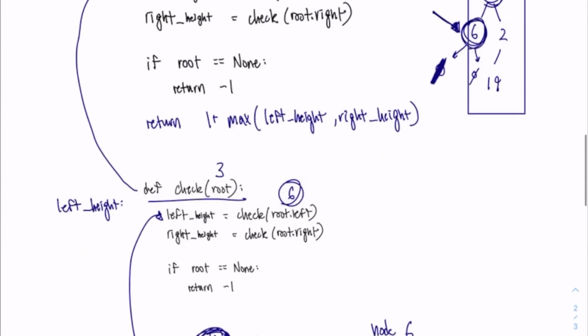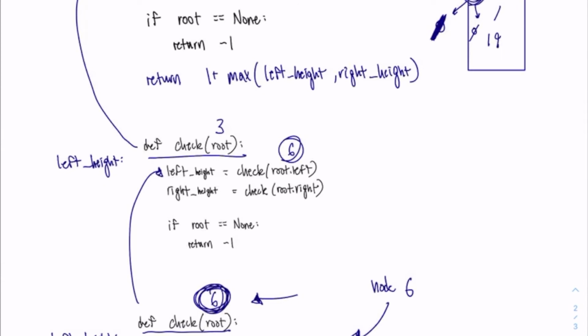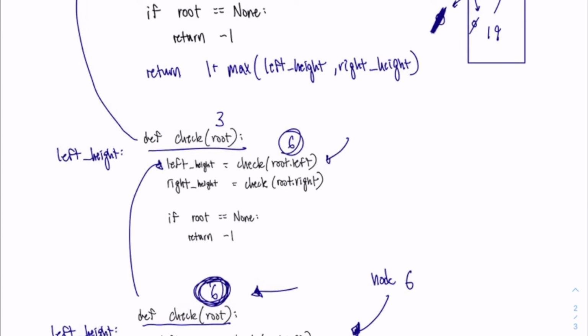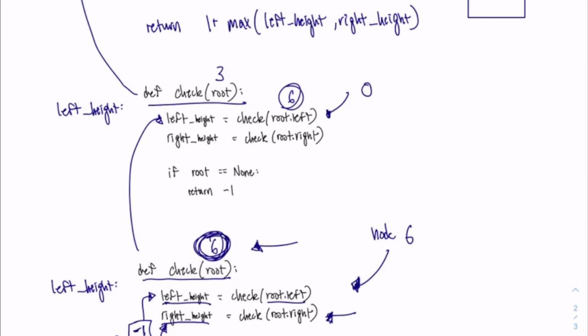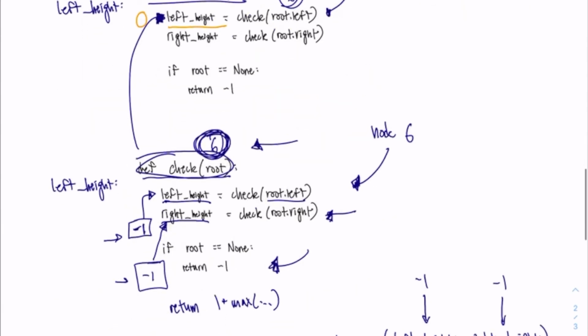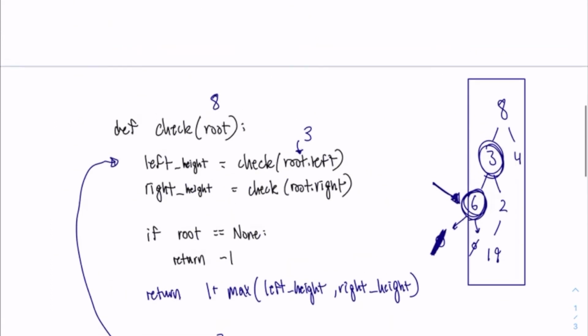So we're able to find the value of this left height to be 0. And we were able to do this because this function definition is basically this statement, because we're going a step into it. So now left height, let me make a different color, will return 0 because left height is -1 and right height is -1 for this node.